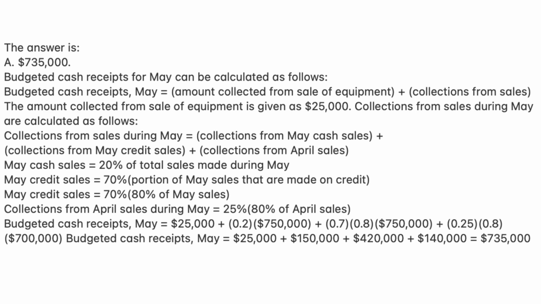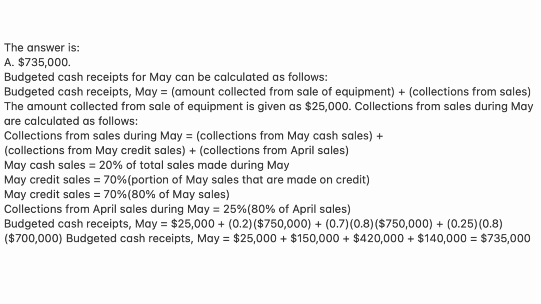$735,000. Budgeted cash receipts for May can be calculated as follows. Budgeted cash receipts, May equals amount collected from sale of equipment, plus collections from sales. The amount collected from sale of equipment is given as $25,000. Collections from sales during May equals collections from May cash sales, plus collections from May credit sales, plus collections from April sales.